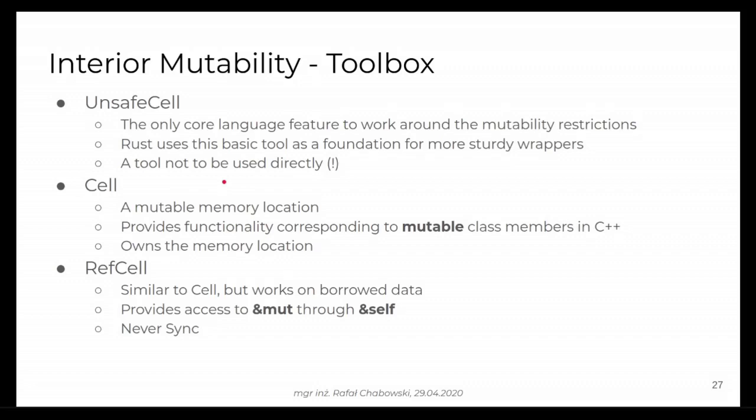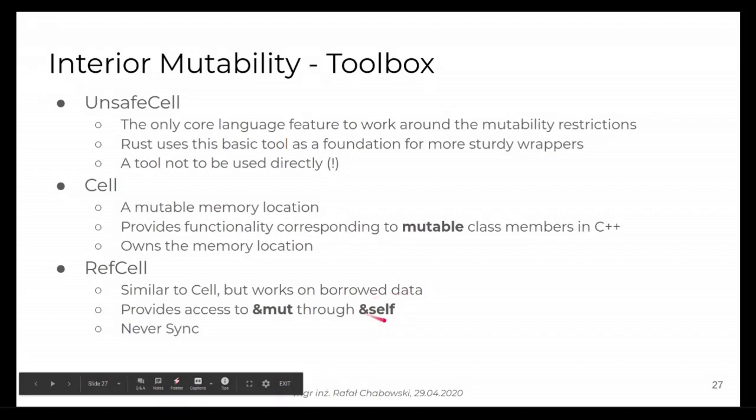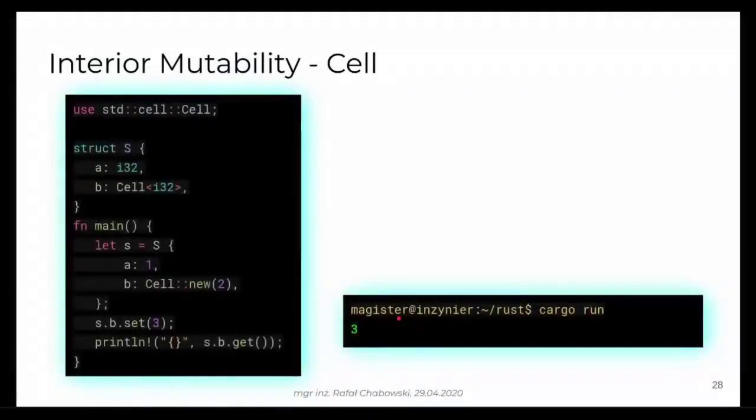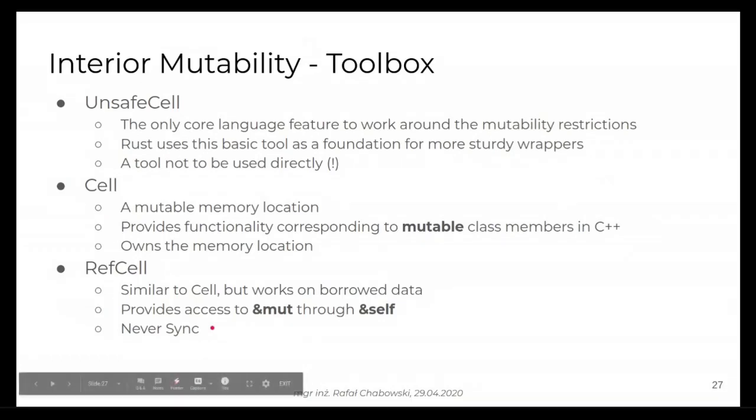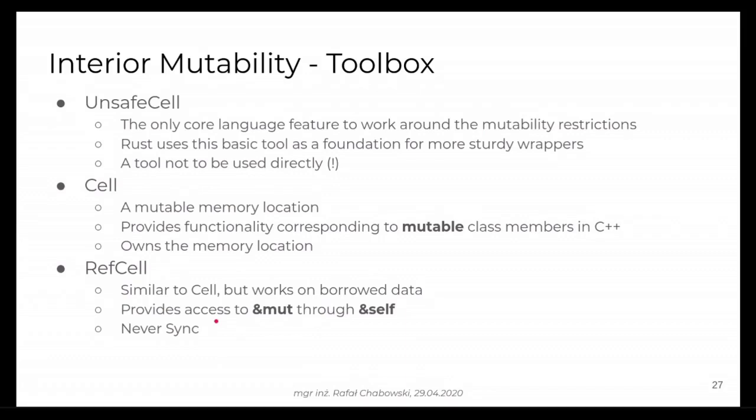RefCell is very similar but works on borrowed data, and provides access to mutable references even if you only have a non-mutable reference. There is also this never-sync that I should briefly describe. It basically means that RefCell will never share references between threads.